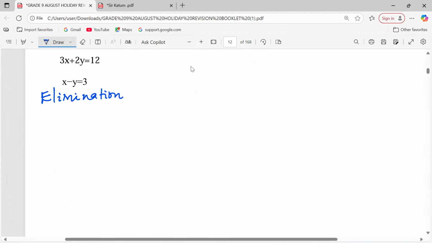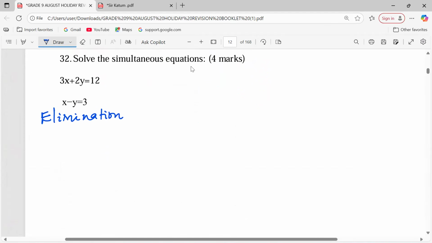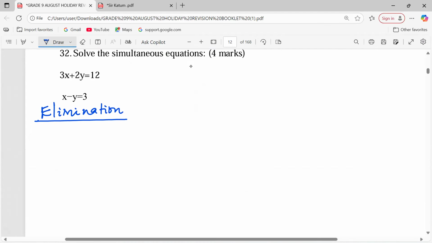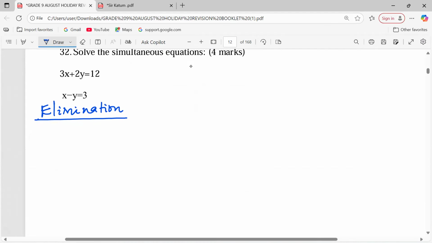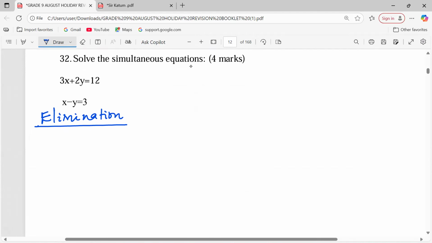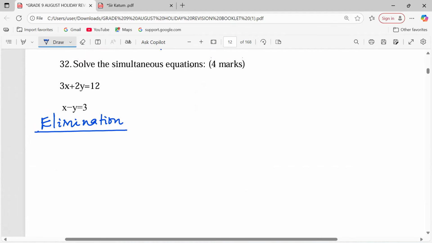And we can also use the substitution method. Actually, substitution is even easier because we can see that the coefficients of x and y in the second equation are just 1. Therefore, it would be very easy for us to express x in terms of y, then we substitute. But let's just attempt all the methods.